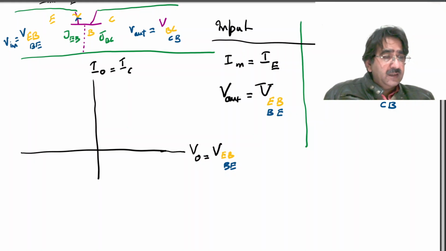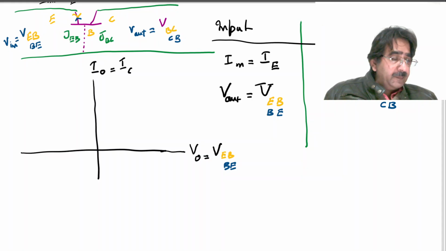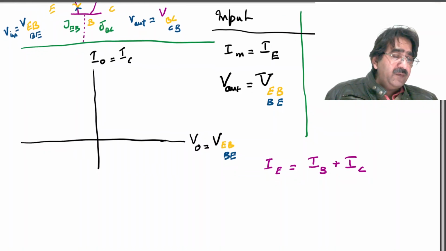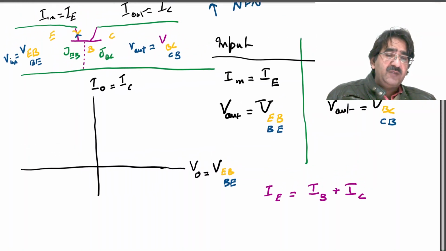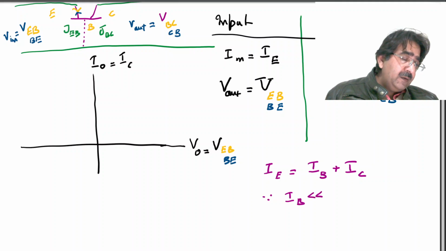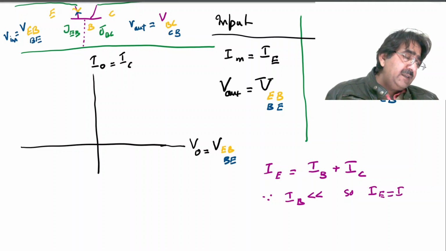As we have already discussed, there are two equations. The emitter current is divided into I_B plus I_C. The base current is very small because the width of the base is very small, so I_B is very small and I_E is approximately I_C.